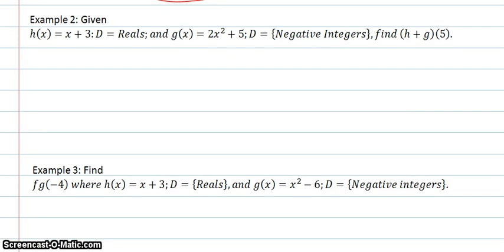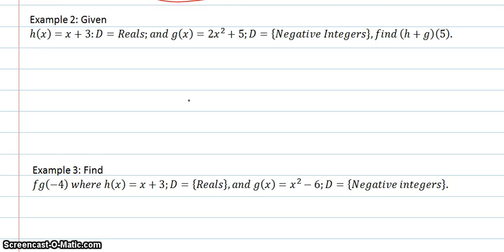Okay, and then in our next example, we again have h of x equals x plus 3 with the domain of the real numbers. And then we have g of x equals 2x squared plus 5, but its domain is negative integers.